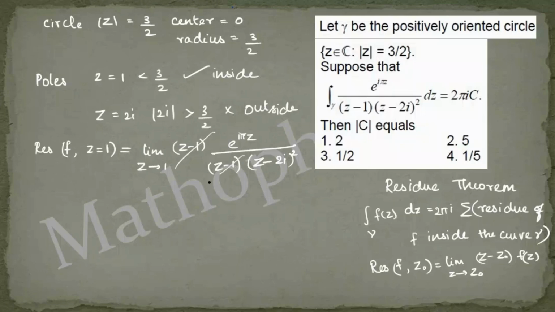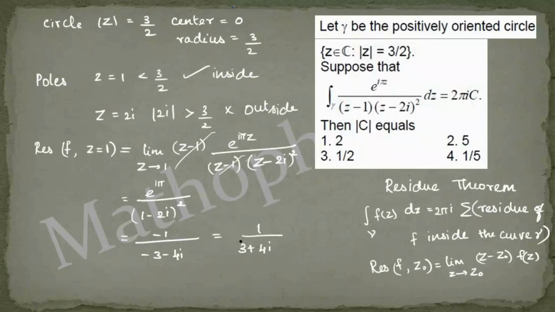So z minus 1 will get cancelled, and substituting z equal to 1 we get e power I pi by (1 minus 2i) square. We write e power I pi as minus 1, and expanding and solving the denominator we get minus 3 minus 4i, which is equal to 1 by 3 plus 4i.